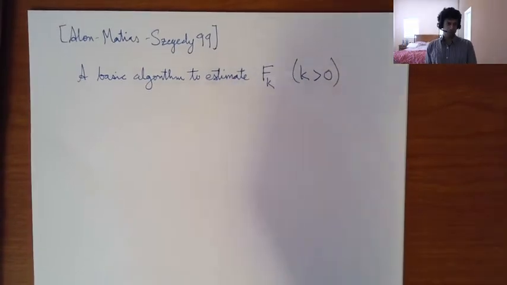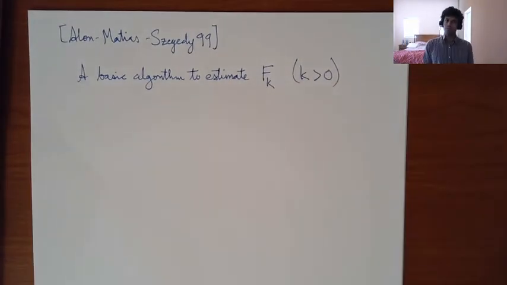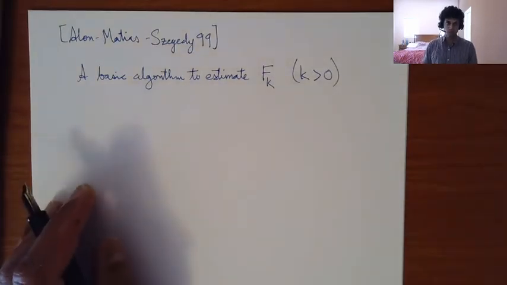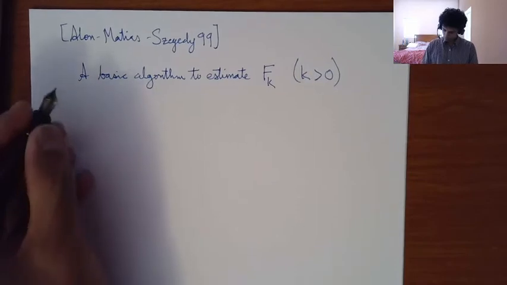Again, F0 is of interest as well, because F0 is the number of distinct elements. Maybe I should put that up. So F0 is the number of distinct elements. F1 is the sum of elements, the total number. And so the other moments tell you various other aspects of the counts.